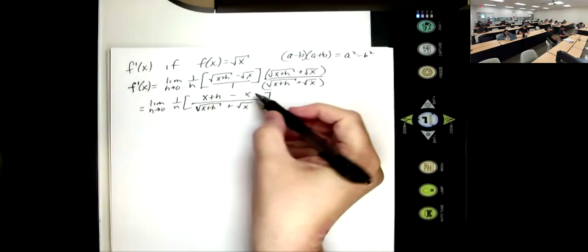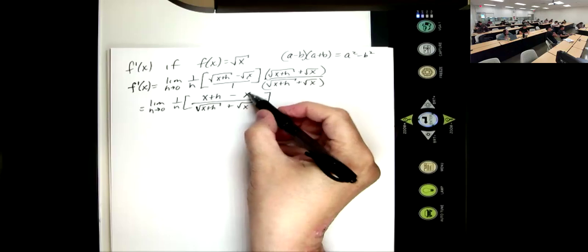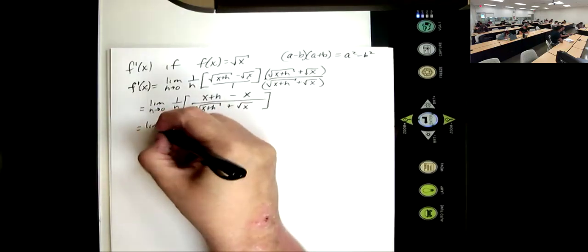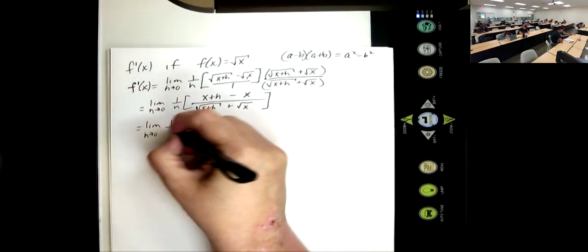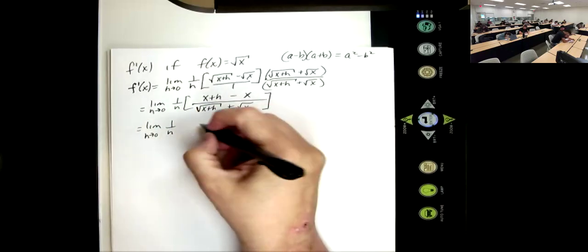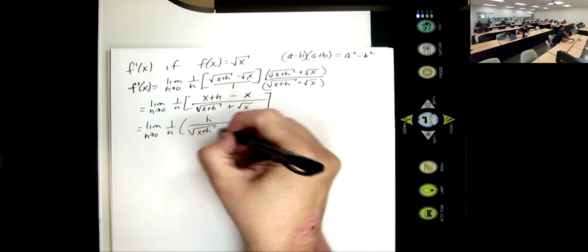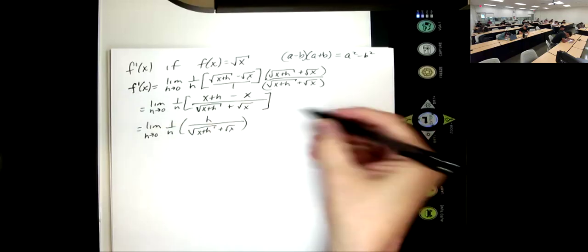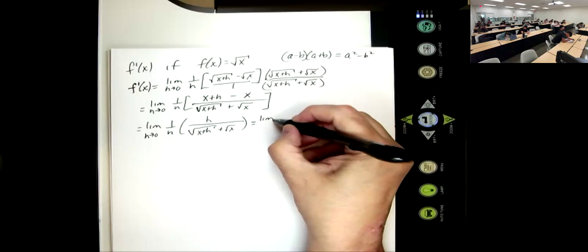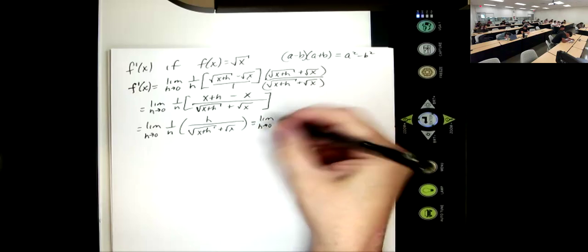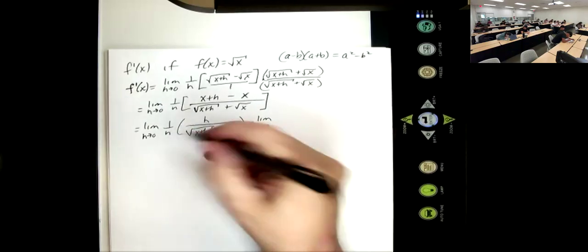So like the x is on top, cancel, right? I just have h over square root of x plus h plus square root of x. And now I can cancel out the h's on top and bottom.